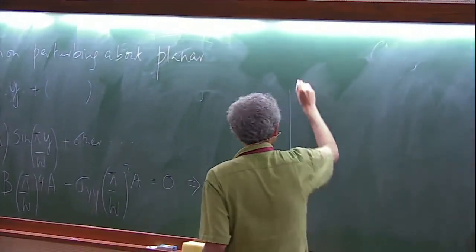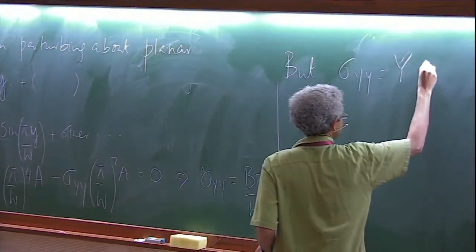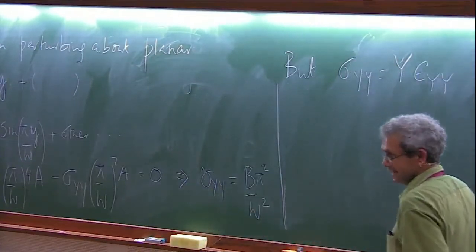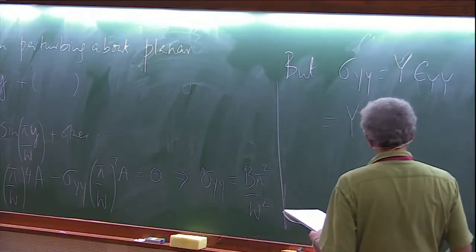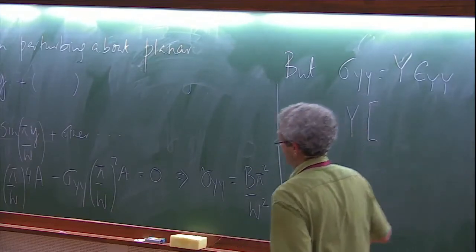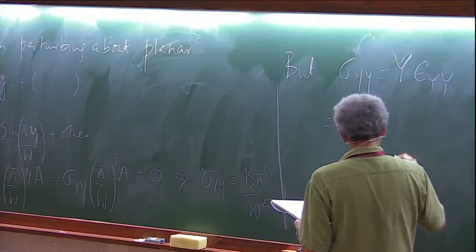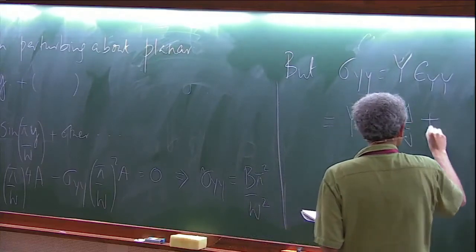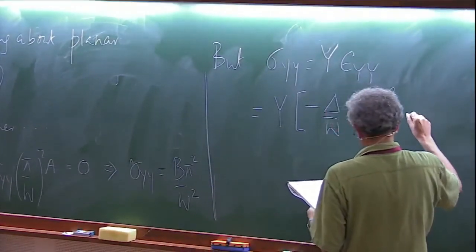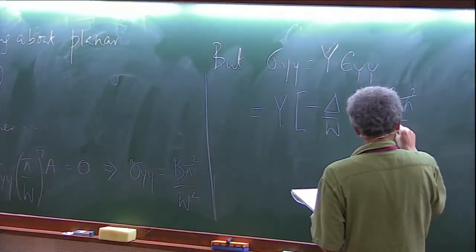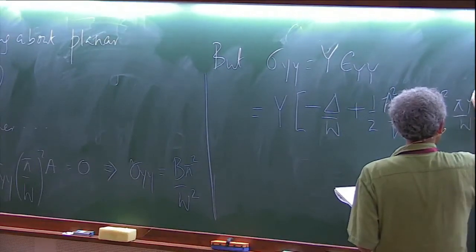But remember, sigma YY is this guy, which is Y times the first derivative of u, so that's minus delta over w plus half a squared pi squared over w squared sine squared of pi y over w.